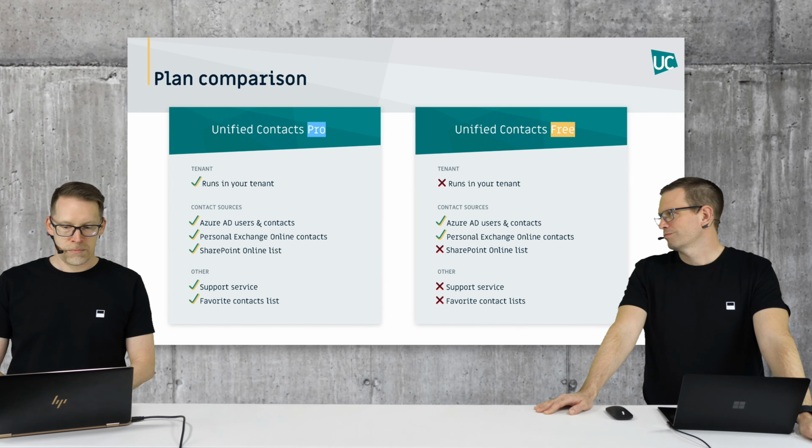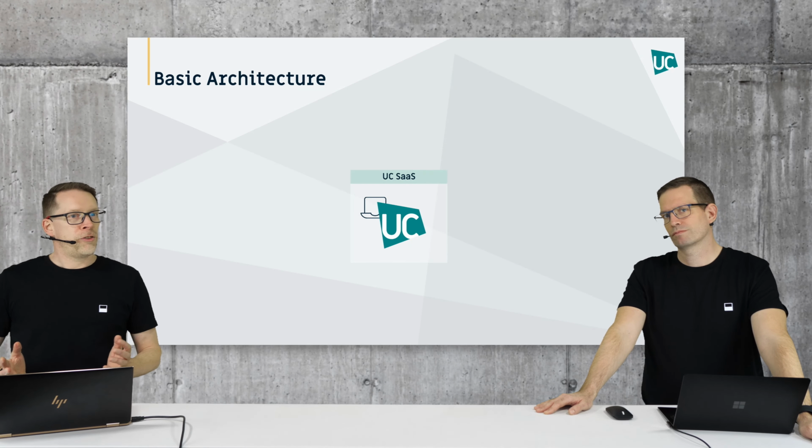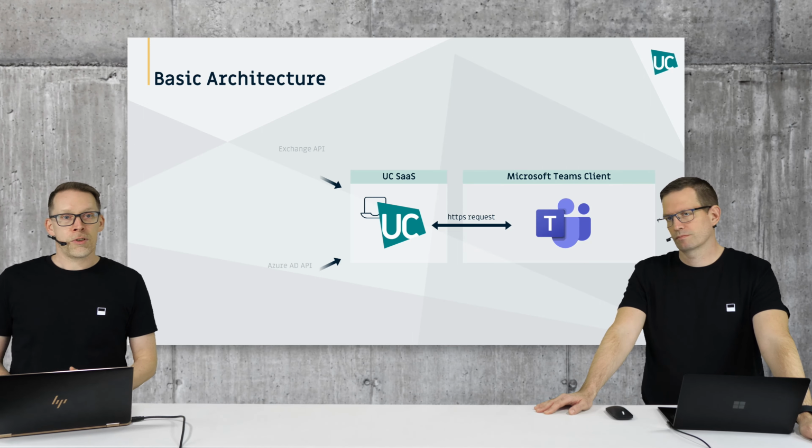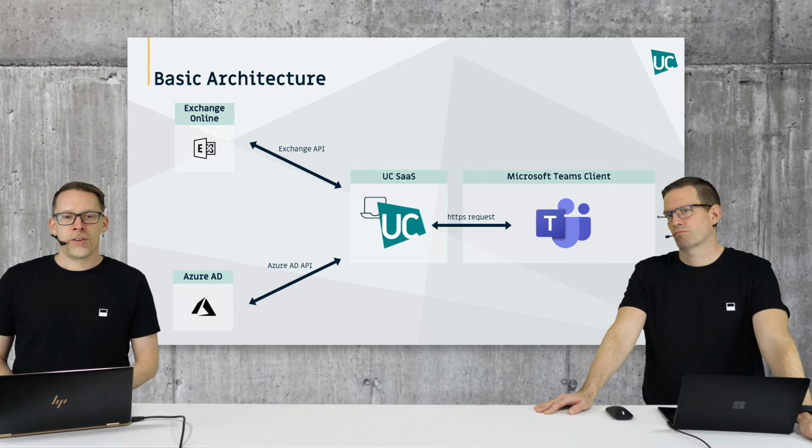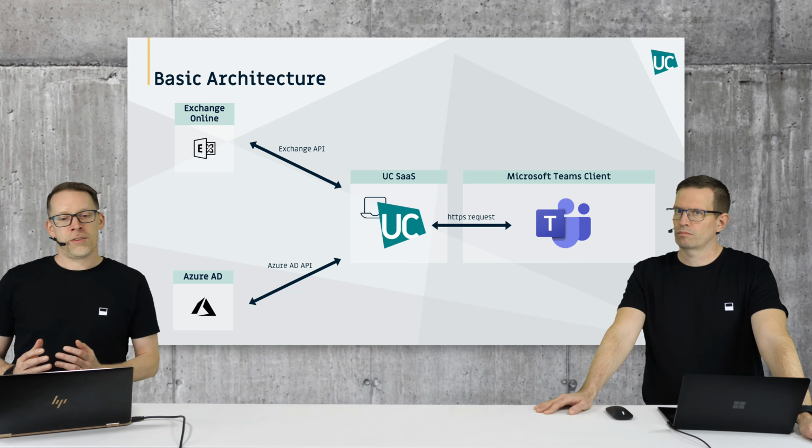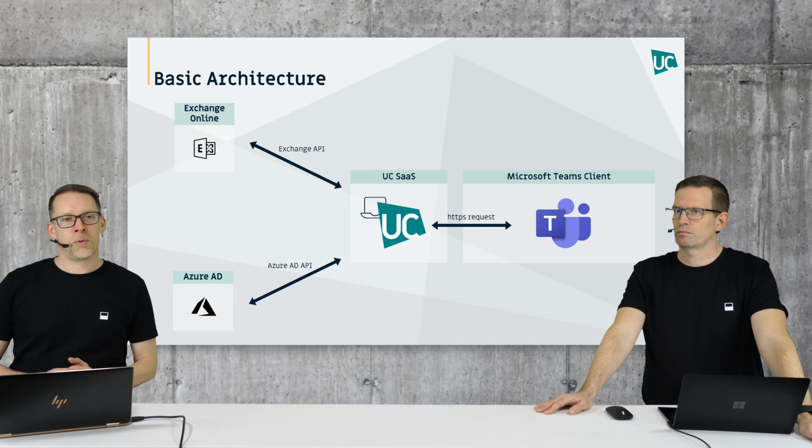Absolutely. So let's start with the basics, I would say. What's the architecture behind it? We have a software as a service product in our environment, and your Teams client is communicating with our software as a service platform.